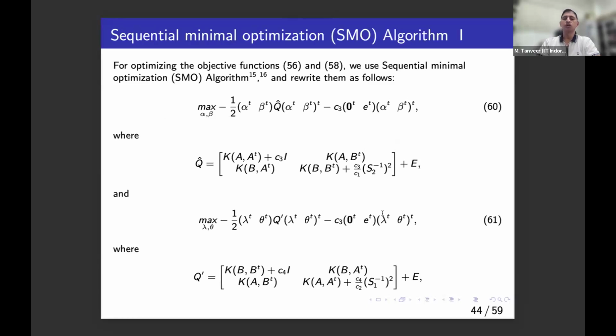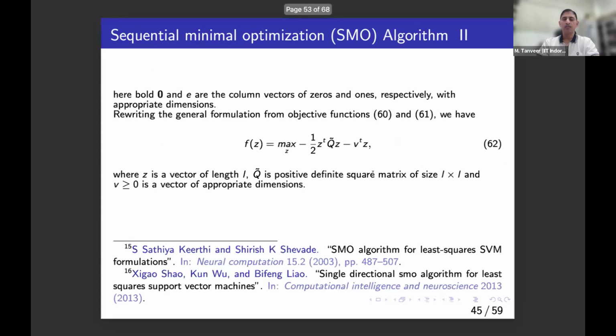We did some background work, and finally we write the formulation in this manner: maximize minus half Z transpose Q tilde Z minus V transpose Z. Z is a vector of length L, Q tilde is a positive definite matrix of size L cross L, and V is a vector of appropriate dimensions.